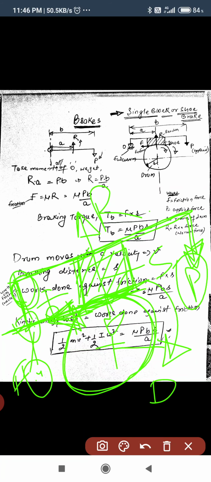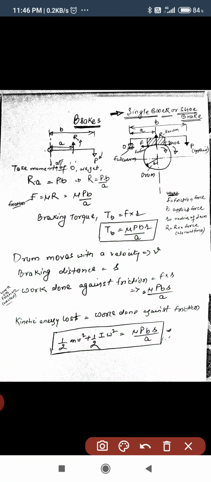If it is below, I call it O1, and above, O2. When it is on the line of action of the frictional force, I call O the point of fulcrum. This is all about the arrangement. Now I am discussing the system where the frictional force passes through the axis of the fulcrum.